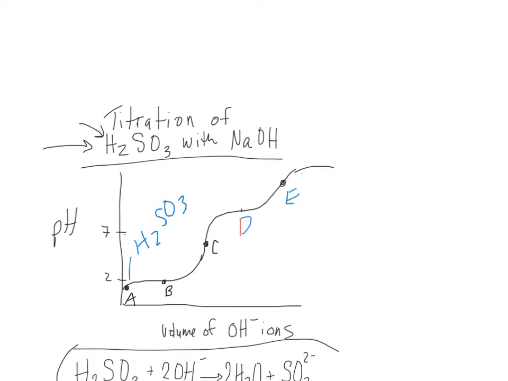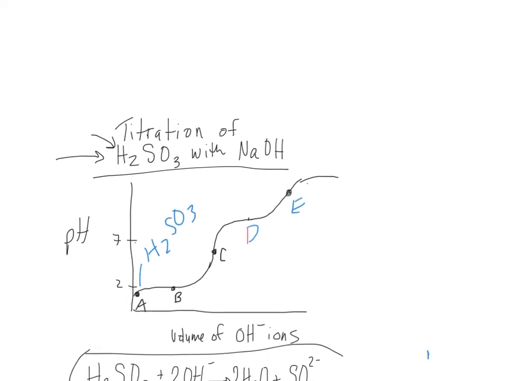And point C is our first equivalence point when all of them have been converted to HSO3 negative. And point E, our second equivalence point, is when we have no H's there. All of these have been converted to SO3 2-.